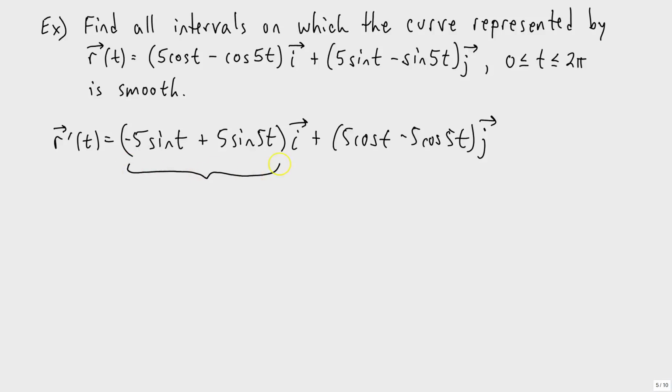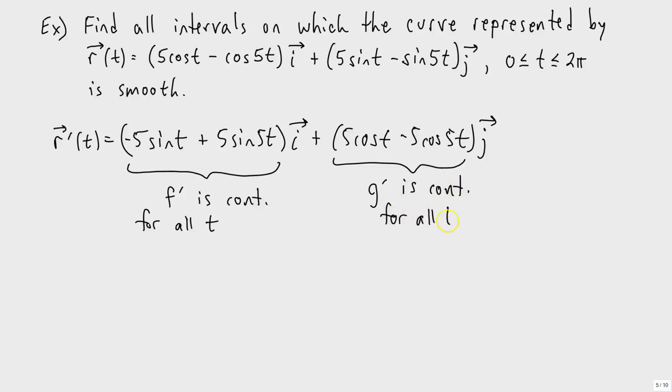Well, this is f prime, and that's continuous for all t, because sine is a continuous function, sine of 5t is a continuous function, and the sum of two continuous functions is continuous. And then this is g prime, and it's continuous for all t.